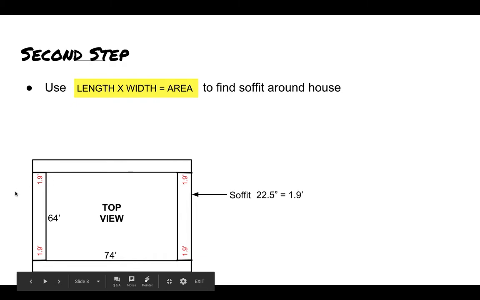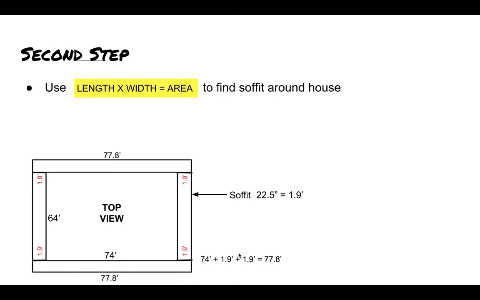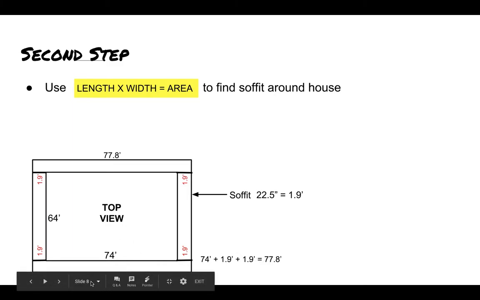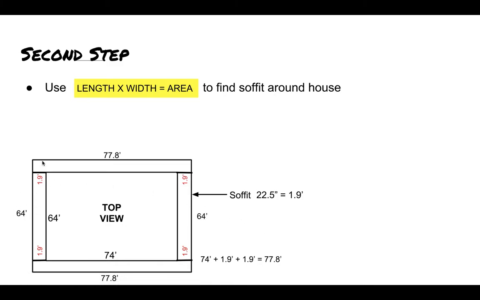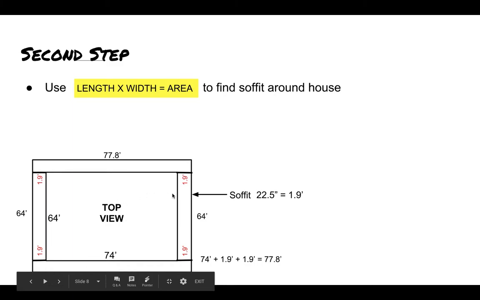And in order to do that, we must take into account that the soffit is 1.9 feet. So now we do 74 feet plus 1.9 feet plus 1.9 feet, which gives us a total length of 77.8 feet. And the sides remain 64 as they were untouched.